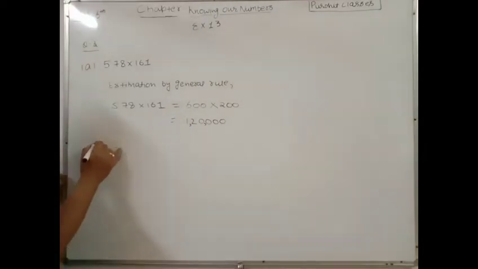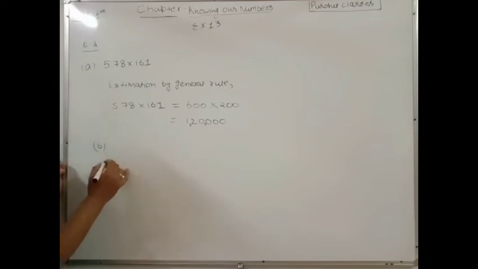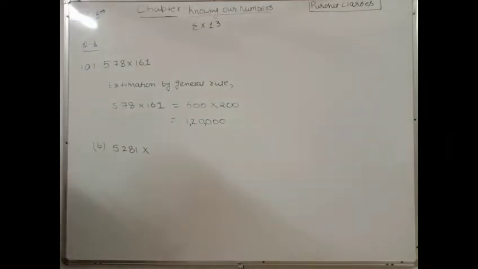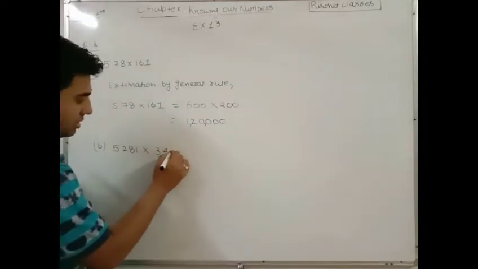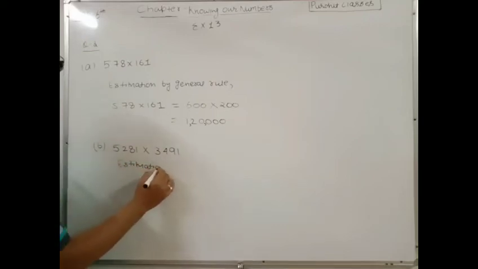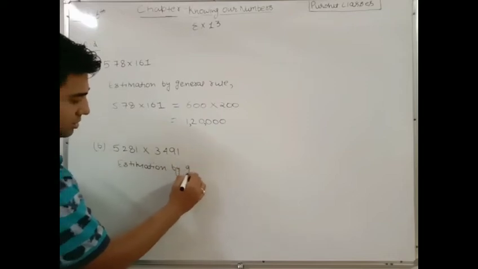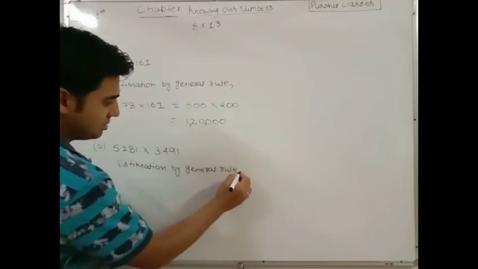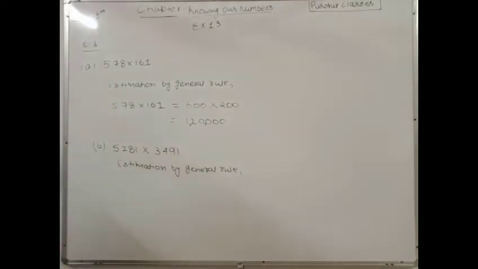Similarly, B part, 5,281 should be multiplied with 3,491. Similarly, estimation by general rule, which says that estimate by rounding off up to greatest place.